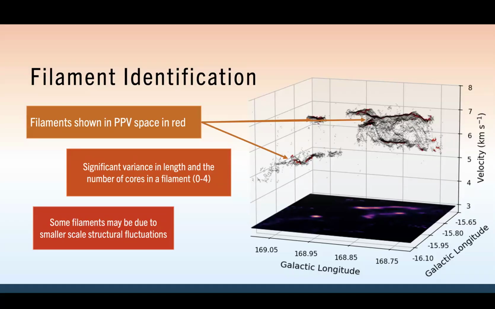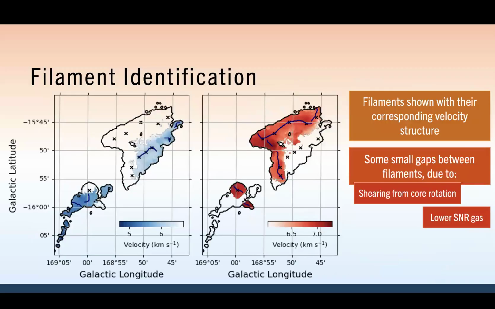Some of these filaments may also be due to these smaller scale fluctuations that do start to get included because I wanted to play around a little bit with my intensity threshold. So by making it a little bit too high, you're no longer including the full filament. But if you make it too low, you do start to include some things that are perhaps a bit more systematic, but that's something that I'm continuing to look into.